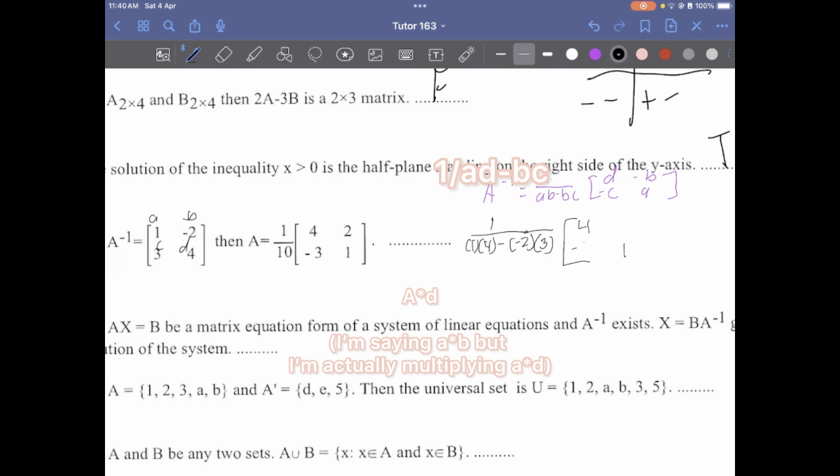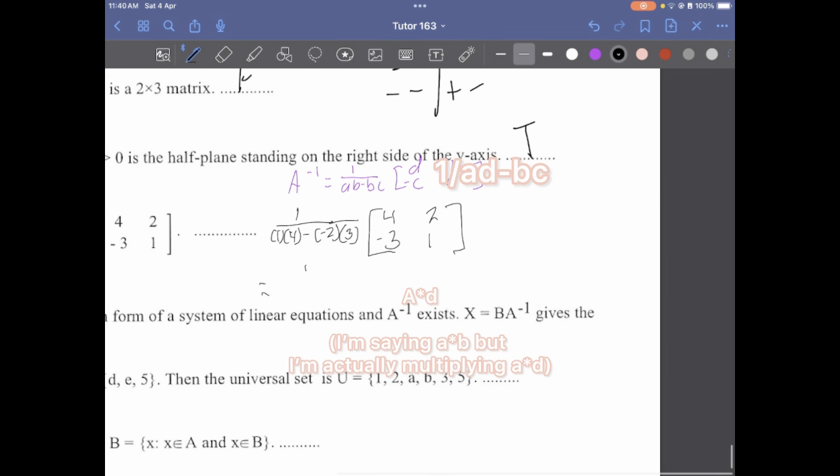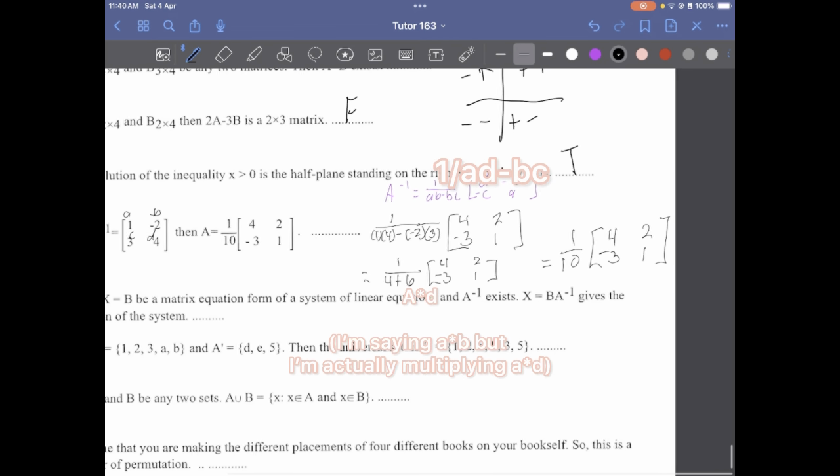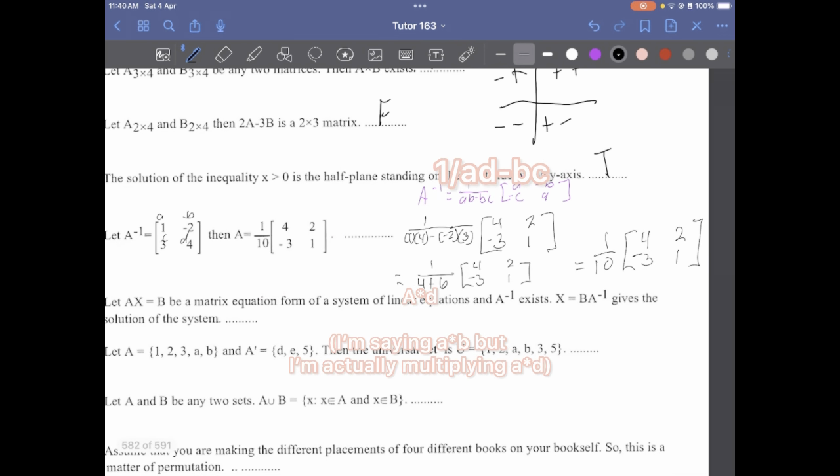And then negative B and negative C: you make them negative. Negative times negative 2 is positive 2, and negative 3. Okay, so now we can simplify. That's 1 over 4 plus 6, times [4, negative 3; 2, 1]. It should just be 1 over 10, times [4, negative 3; 2, 1]. And that is correct. So we have a true statement.